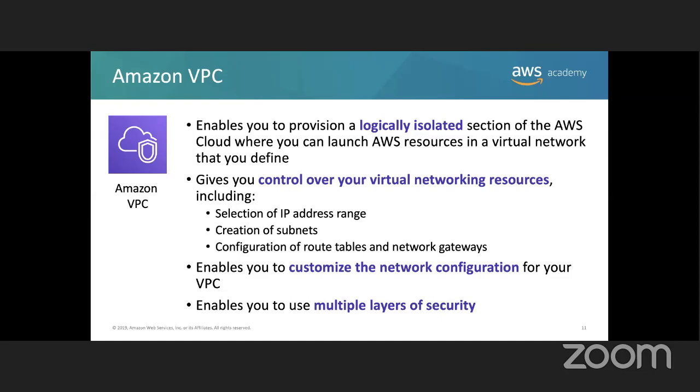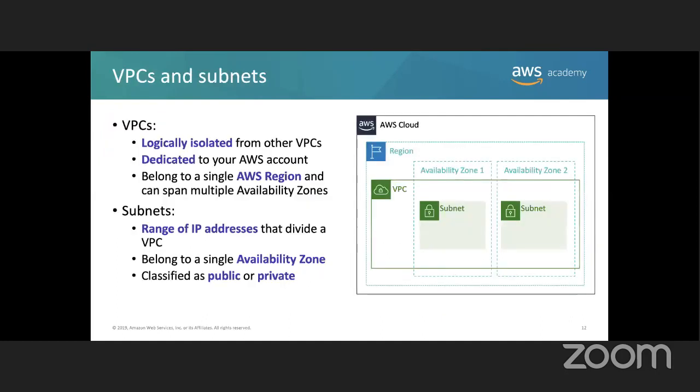It enables you to use multiple layers of security. VPC is very secure, but you guys have to put the security in place, right? VPCs and subnets are logically isolated, like we said before, from other VPCs dedicated to your account, and belong to a single AWS region.